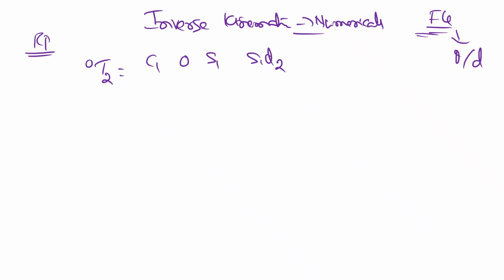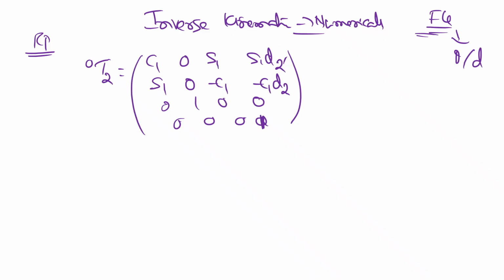S1 means revolute, d2 is for the prismatic joint. Then S1, 0, minus C1, minus C1 d2, then 0 1 0 0, 0 0 0 1. So this is the forward kinematics for the RP manipulator.